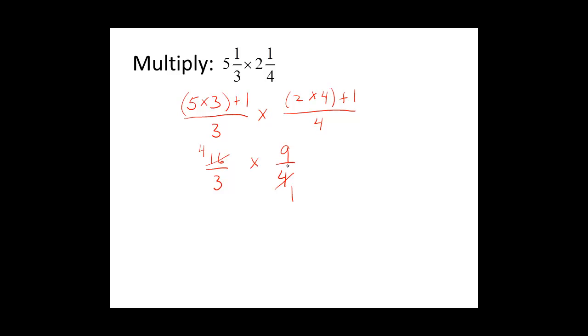So we can divide this numerator and this denominator by 3. 9 divided by 3 is 3, and 3 divided by 3 is 1. Then we will multiply the numerators together and get 12, and the denominators together and get 1. 12 over 1 is the same thing as 12. 12 divided by 1 is equal to 12.